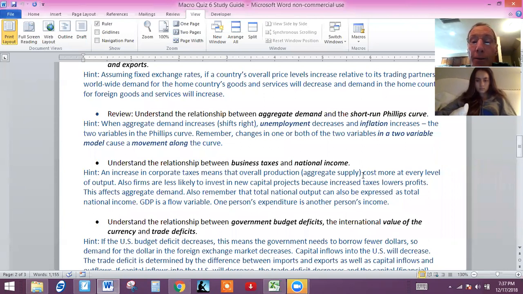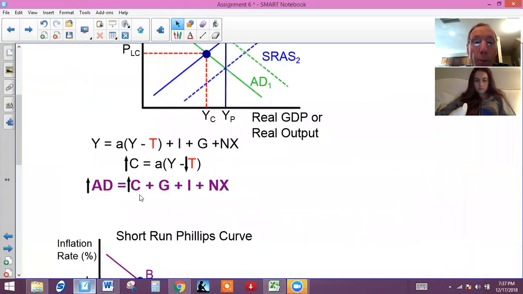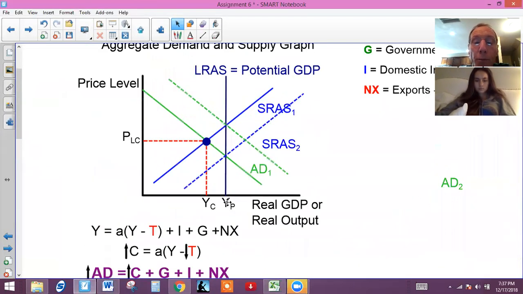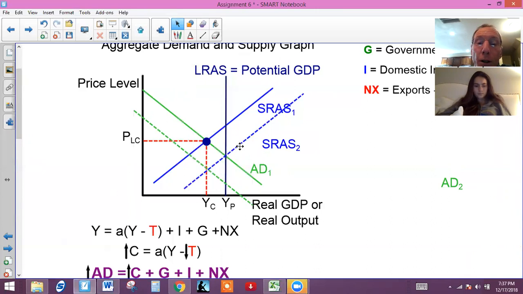And understand that when we think about national income, that is the same thing as national expenditures. So the aggregate demand and supply curve represents both total expenditures and total income. When this shifts this way and that shifts that way, our national income goes down, because whatever is spent is also someone else's income.